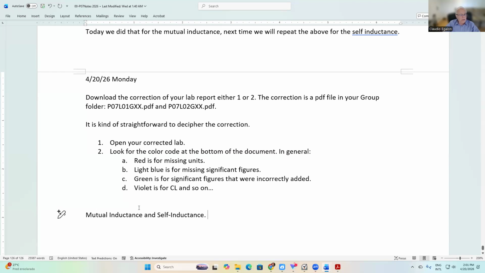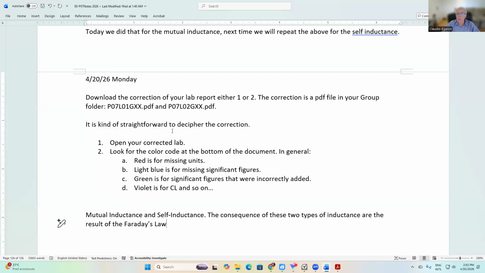So the definitions of mutual inductance and self-inductance come from Faraday's law. The consequence of these two types of inductance is the result of Faraday's law.